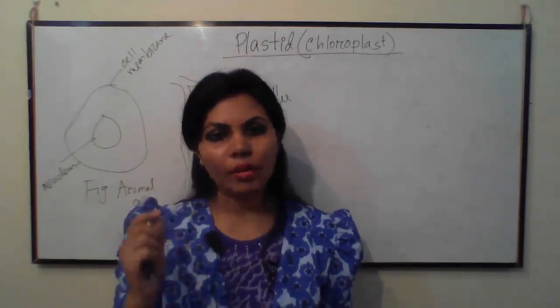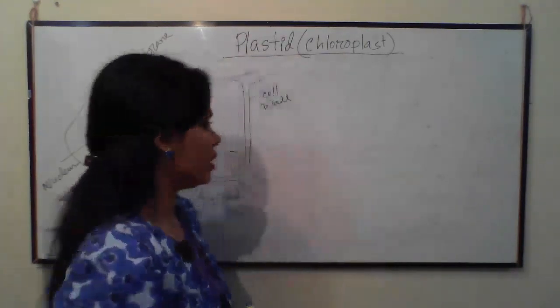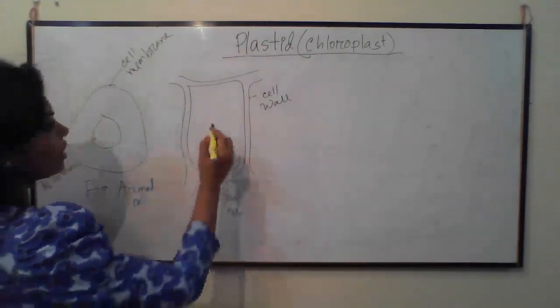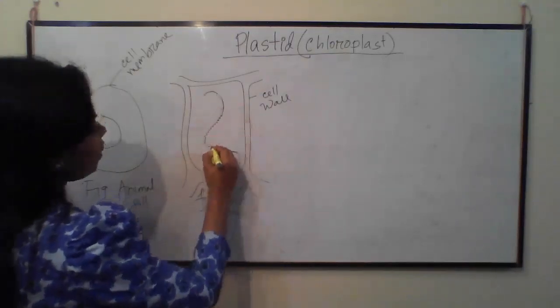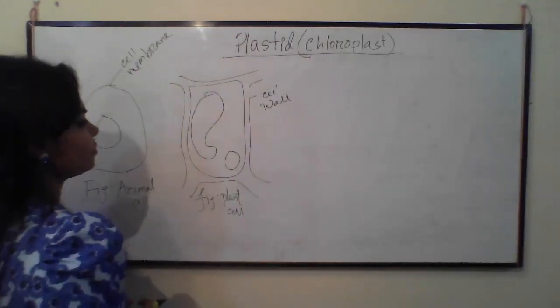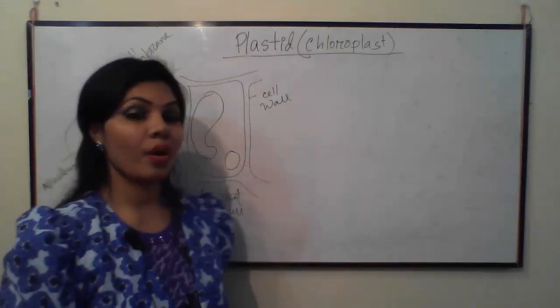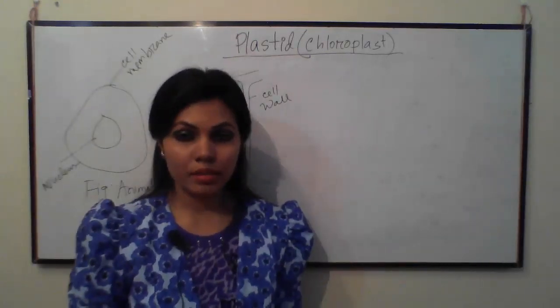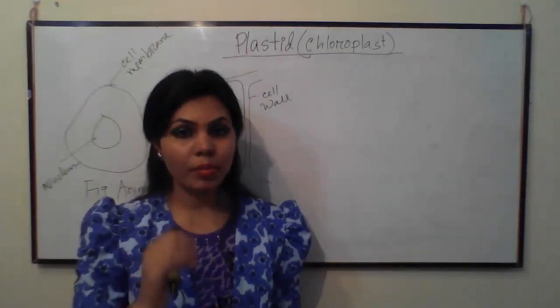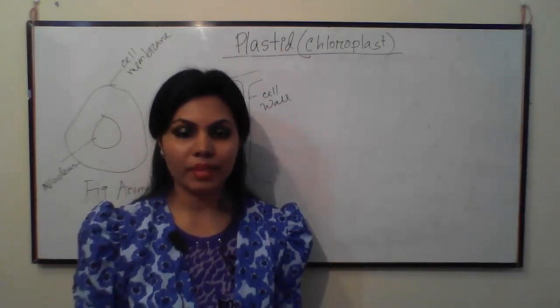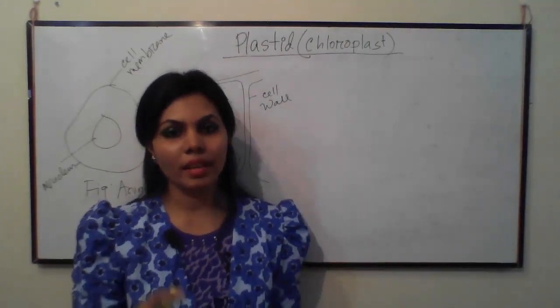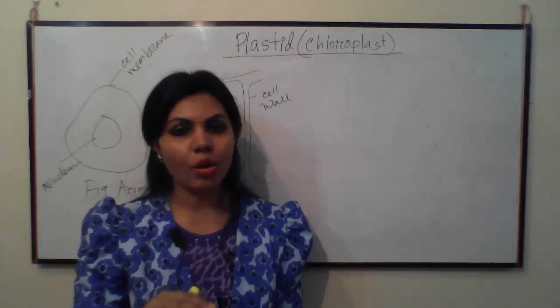Maybe one reason can be that in plant cell there is a large permanent vacuole. The vacuole surrounds and takes the place, 80% of the place of the plant cell. That's why in plant cell the nucleus is at the corner.